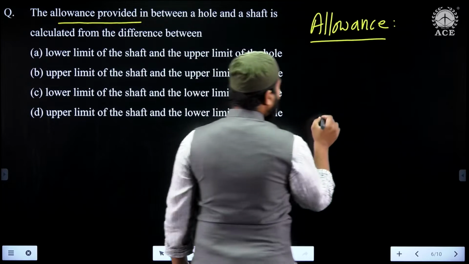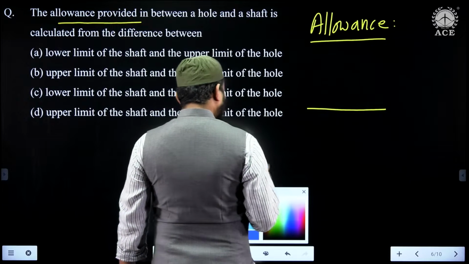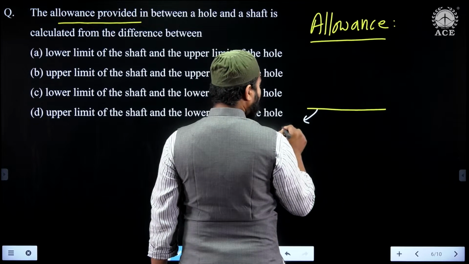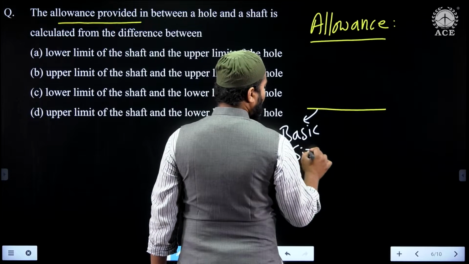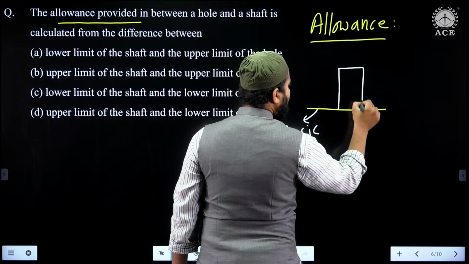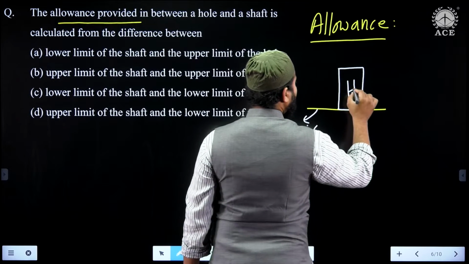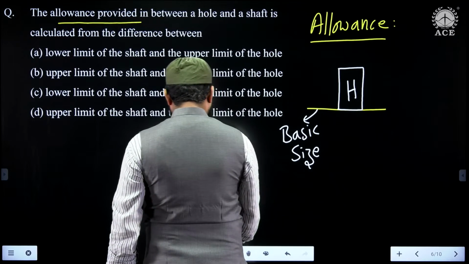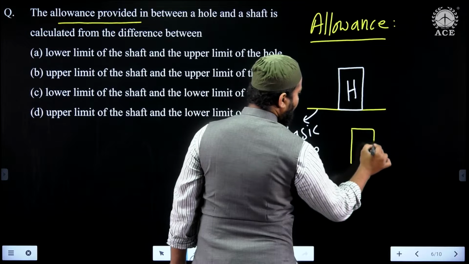So basically, when you draw any fit diagram, either it's a clearance or interference fit. Suppose with respect to the given basic size, if this is the basic size, I am following by default a hole based system where a capital H type of hole is on the basic size. So in case of a clearance fit, it is obvious that the shaft tolerance zone is much below, right?